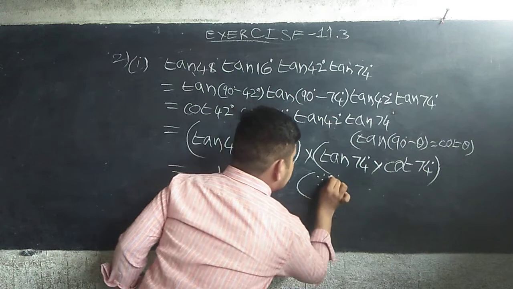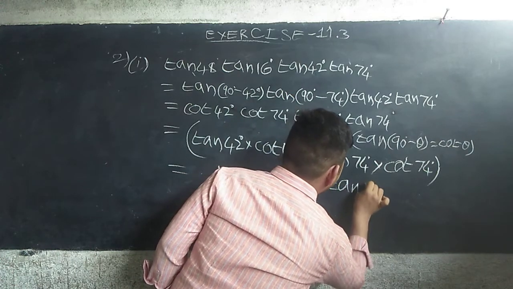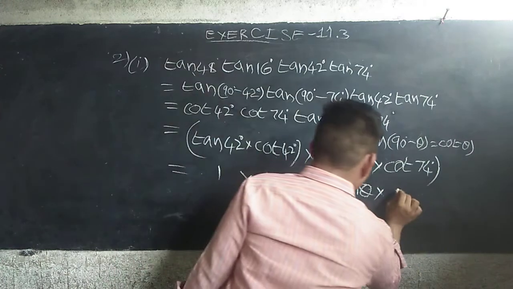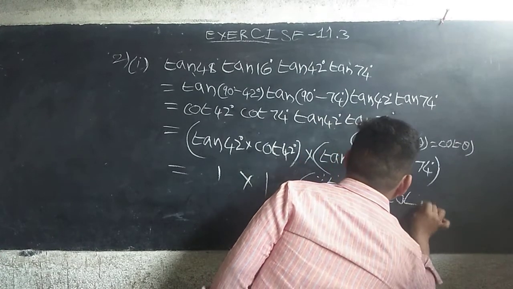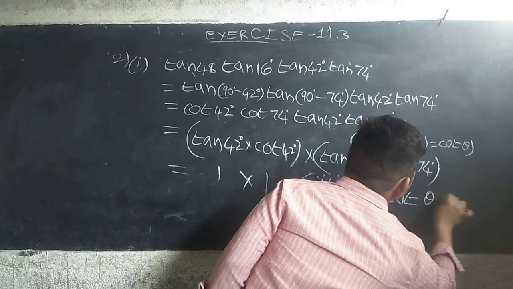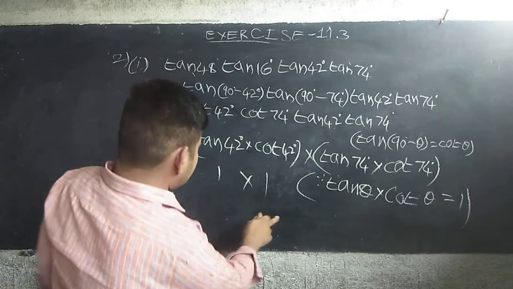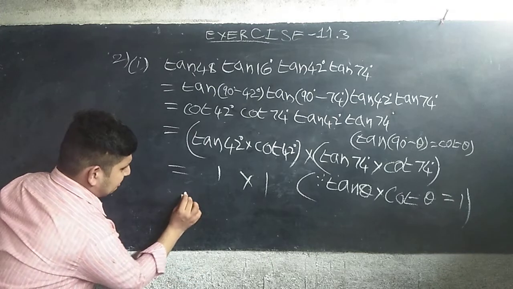Since tan theta into cot theta equal to 1, so 1 into 1, 1 into 1, 1. So equal to 1.